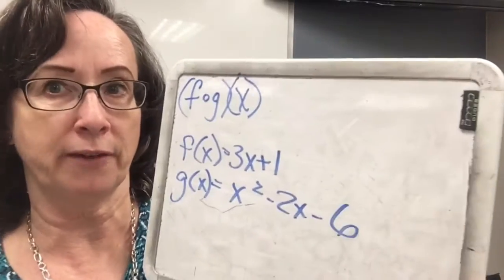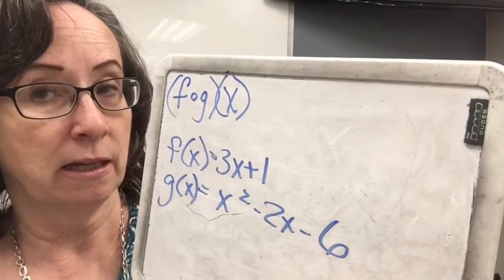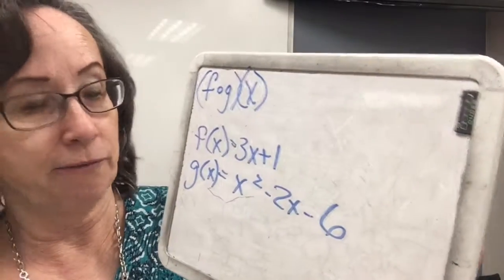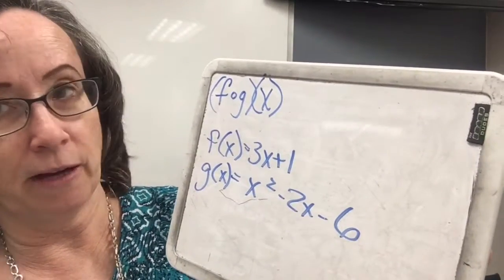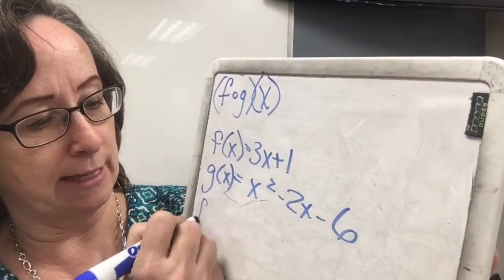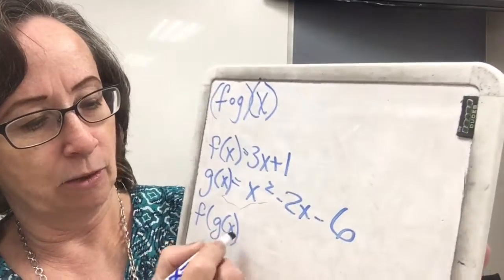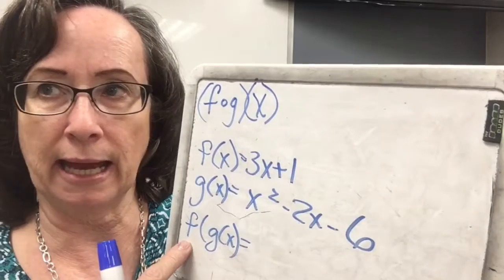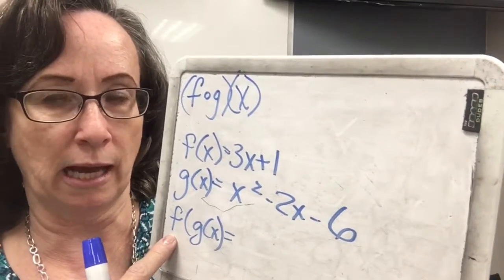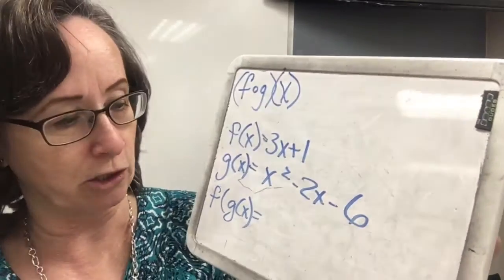So we're just going to do f of g of x, not sticking a function value in. Which means that everywhere I see an x in my original f function, I will put the whole g of x function in.